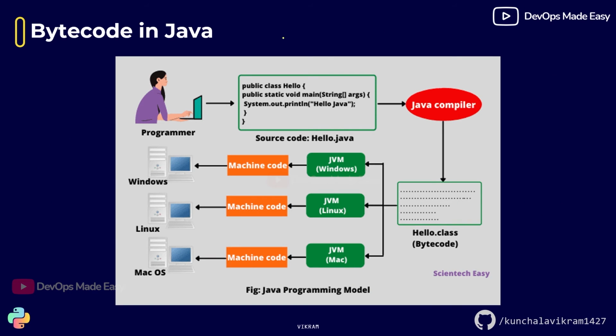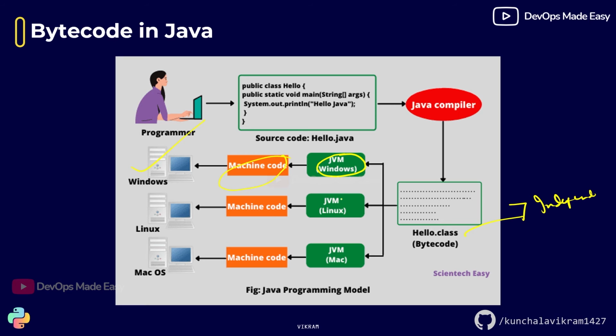Now let's say that you have a simple Java file with the extension .java. In the Java compilation stage, it is converted into a .class file, which is your bytecode. This bytecode is platform independent, which means I cannot run it directly on any machine. With the help of the Windows JVM, I can convert it into Windows specific machine code and run it on Windows.